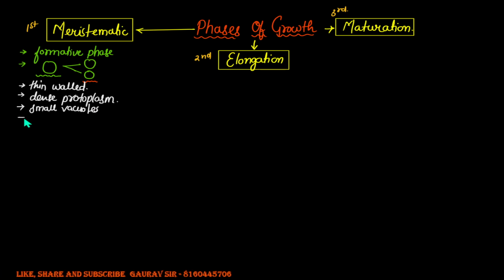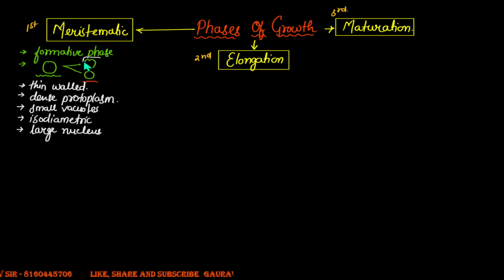The size of these cells is isodiametric, which means when you measure these cells along any direction, you'll find the cells having almost the same diameter. Because they have to cause division, they have a very large nucleus. These are some of the features of the meristematic cells.